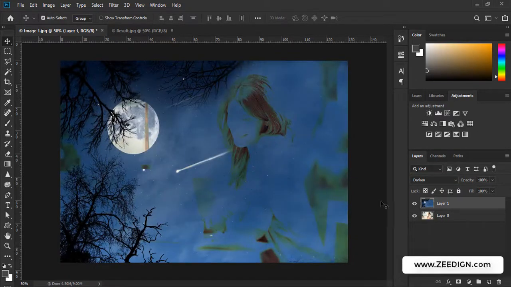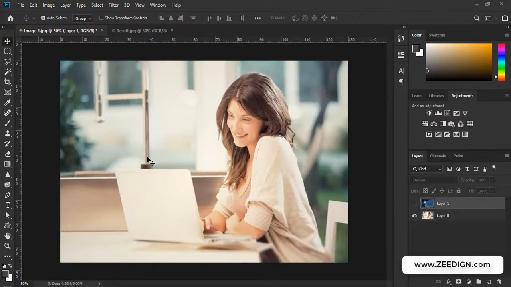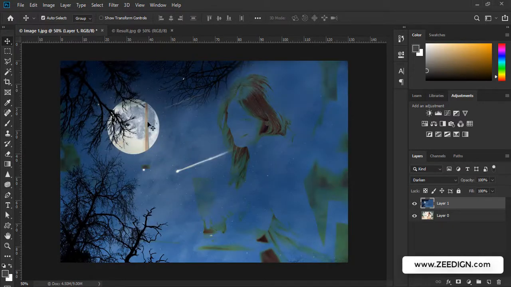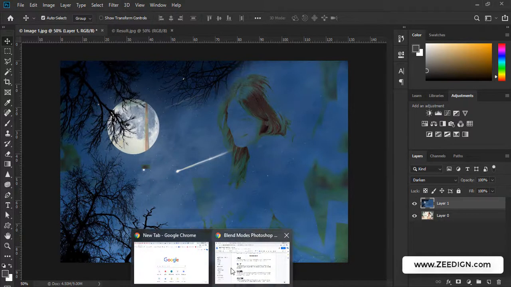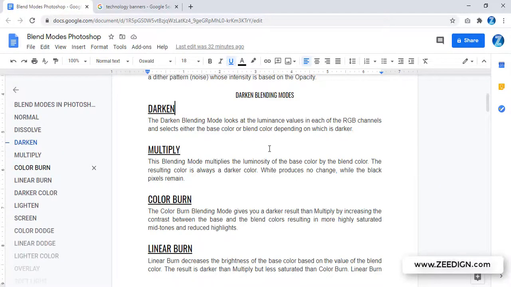Okay, so for example, you will notice here in the original image we have a moon which is quite white, but just under it we have this, I don't know what it is, some sort of lamp stand or something, but it is darker, so it has displayed that in the final result. It is still showing here. So I'm not going to get into the details of each, that will make this video quite long, so let's not get into that.